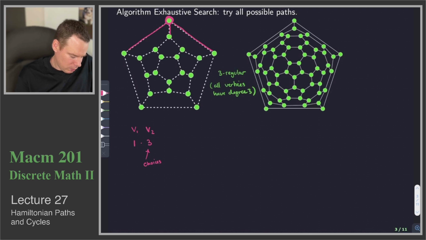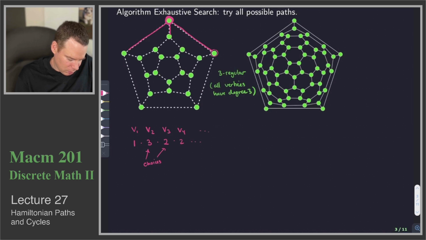Okay, so how can we use that? Well, once we've picked the second vertex, now we want to pick the third vertex. How many choices are there for the third vertex? Well, I came into the second vertex along one edge, and I've only got 2 choices to leave it by. So there's 2 choices to move on from there. And then for the fourth vertex, again, it's 2.